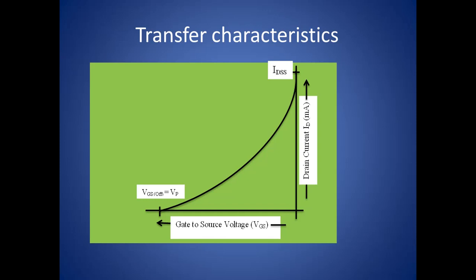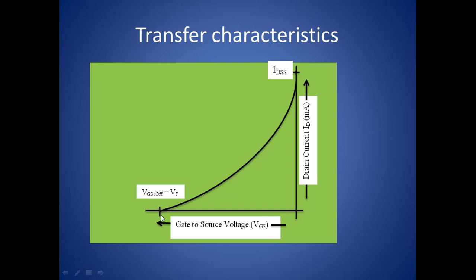Then we record the corresponding value of drain current at each step. Then we plot a graph with the gate source voltage VGS along the horizontal axis and drain current along the vertical axis. We obtain a curve like this. This is the transconductance curve.